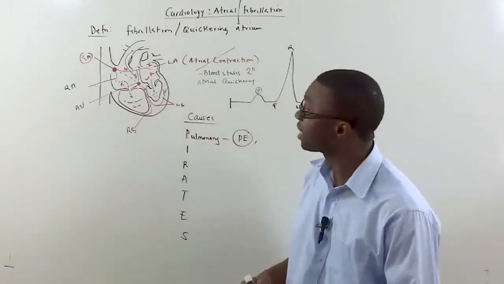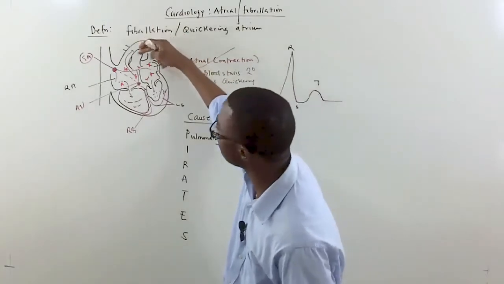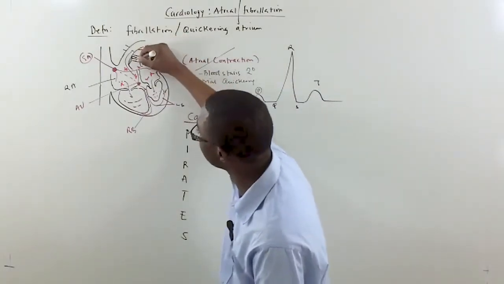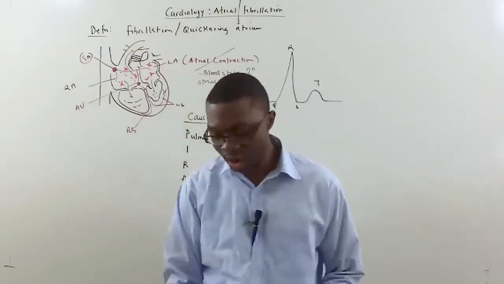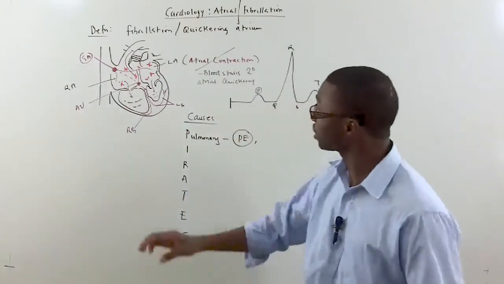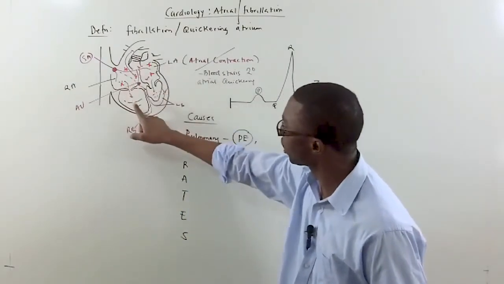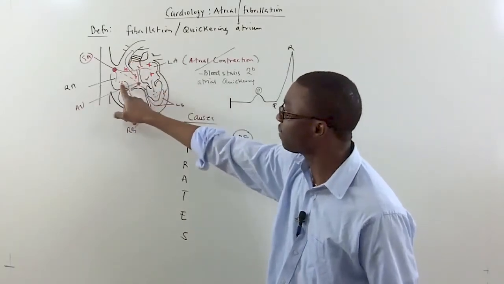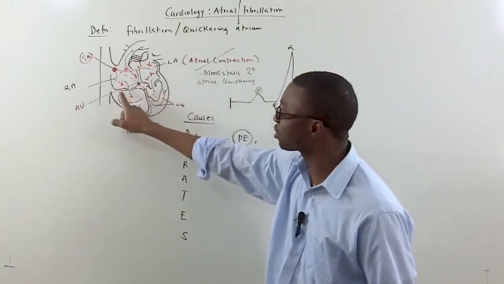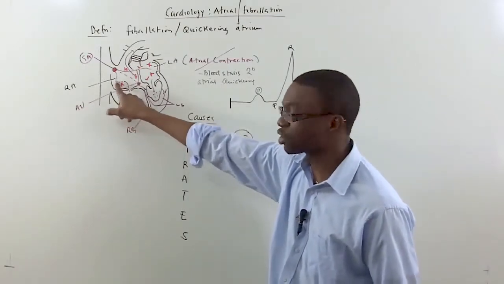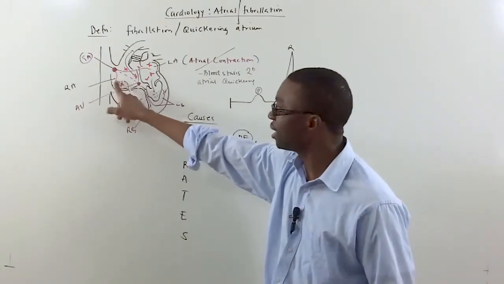Well, the problem is, if you have a saddle embolus that comes and sits over here inside the pulmonary arteries, unfortunately, when the heart is trying to contract against a big pulmonary PE, the ventricles cannot get blood out, so you get increased ventricular end-diastolic pressure, which is going to transmit into the atrium.